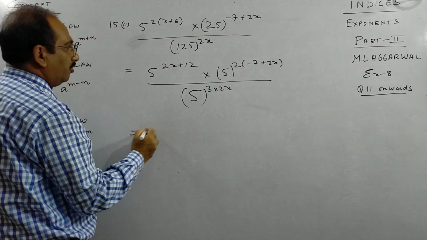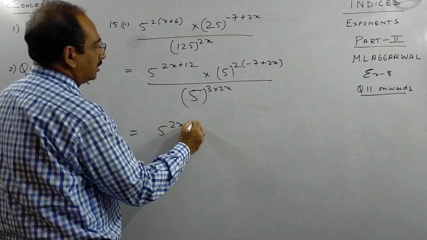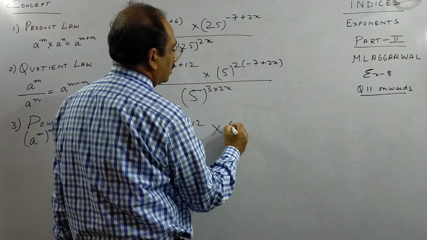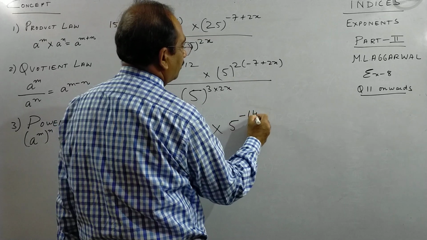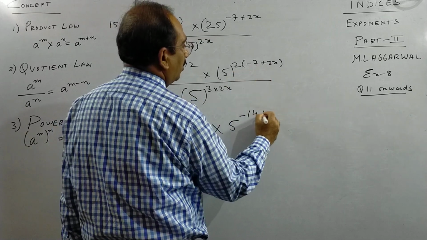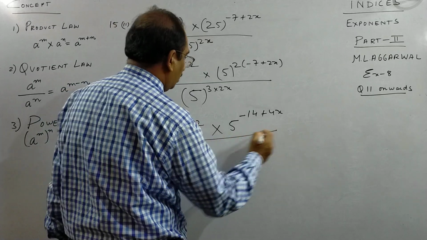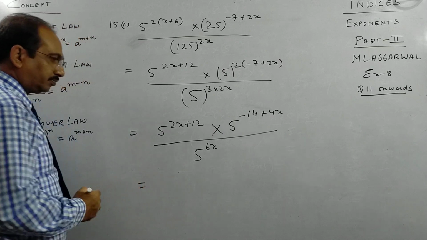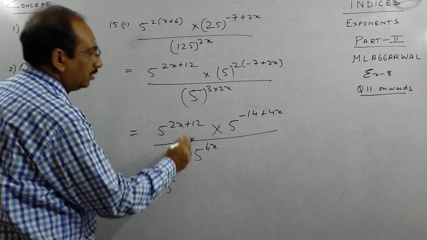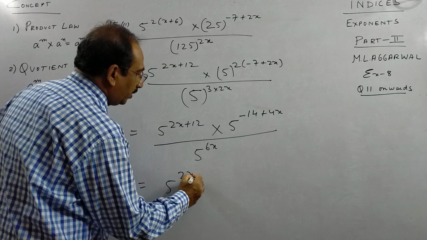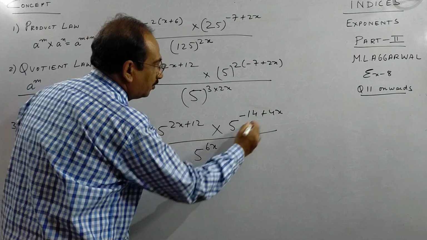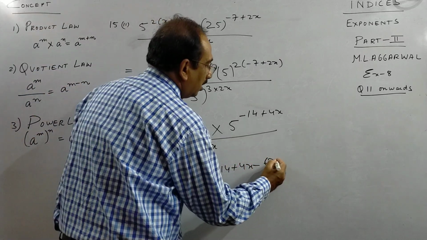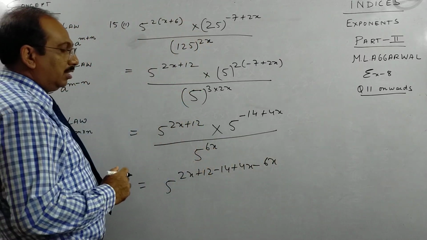Ultimately what we get, this I have already multiplied. Here this will be 5 to the power minus 14 plus 4x upon 5 to the power 6x. Finally the powers are added, 2x plus 12 minus 14 plus 4x, and this quotient will be subtracted.